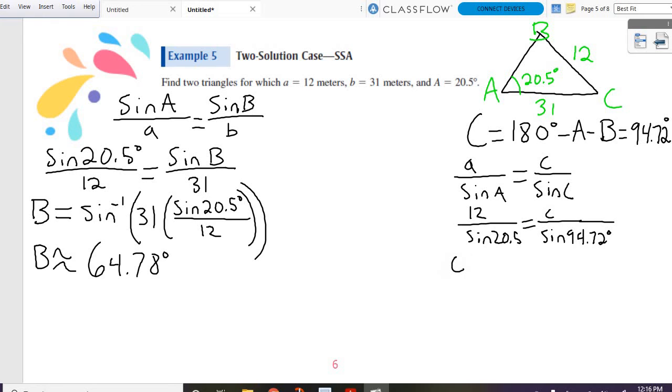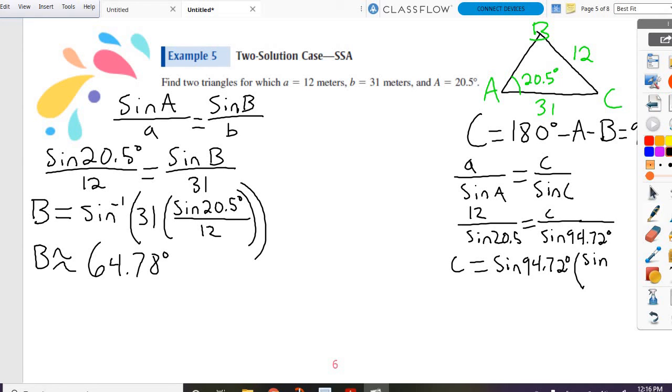So little c is going to equal sine of 94.72 degrees times 12 divided by sine of 20.5. Again, plugging all of that into our calculator, what do we get?